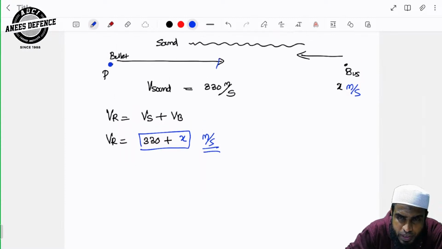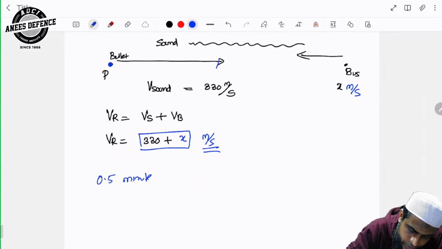There is a 15 minutes gap, so 0.5 minutes, that is equal to 30 seconds.